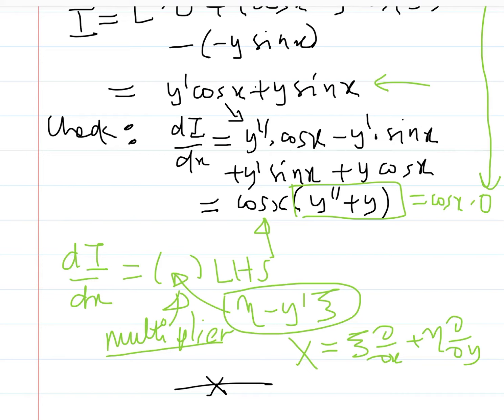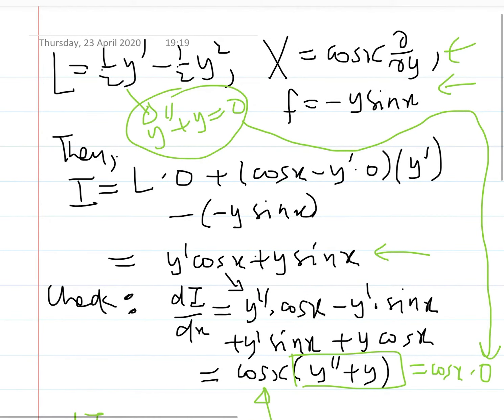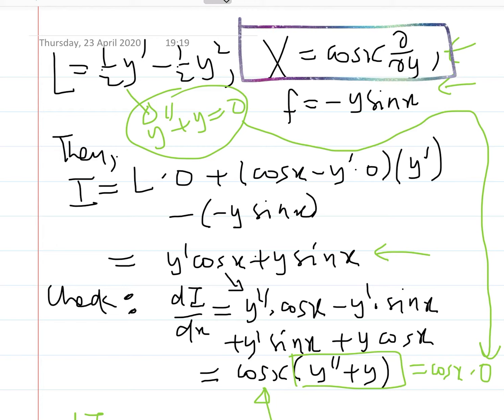What I want to do is to see the relationship between the Noether symmetry X that was used to construct I and the conservation law I itself, which was constructed from that Noether symmetry. Right, so we're going to do the Noether symmetry, the vector field X, operating on I.